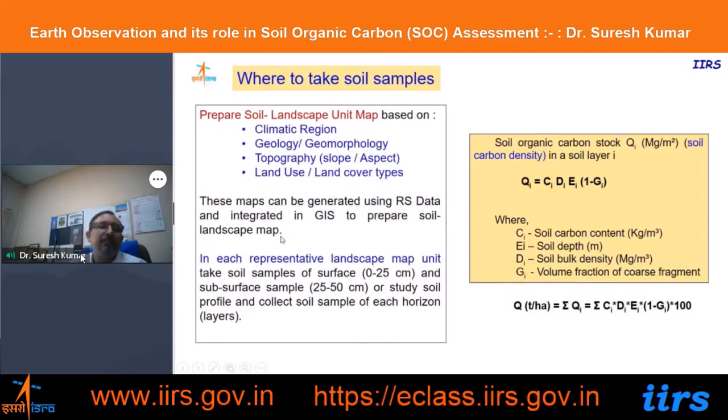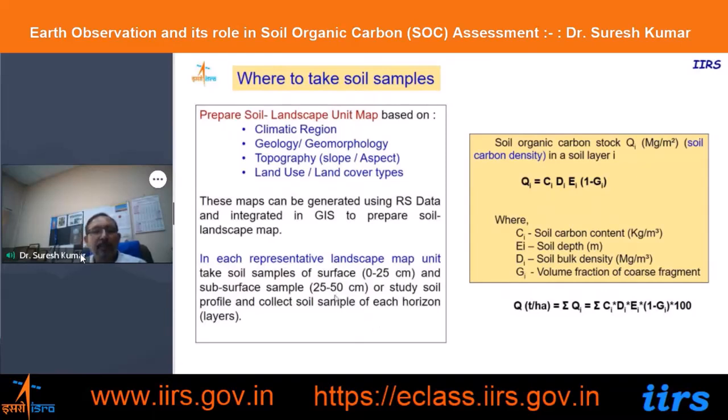Then in each landscape unit, you take soil samples from the top 0 to 25 centimeters or 0 to 30 centimeters, and then 25 to 50 centimeters. In general, if you want to study 1 meter depth of the soils, then take 0 to 25, 25 to 50, and 50 to 100 centimeters, one soil sample in each layer.